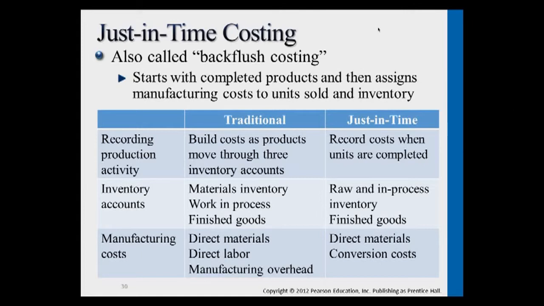Your conversion costs are going to be your cost for the labor that converted that raw material into the product, plus the manufacturing overhead. That's right. So it's much simpler. You don't have to deal with the manufacturing overhead that we had before. Because you have just one cell, everything is happening there, and because we're doing small batches, it's really easy for me to understand what the costs are for this batch.